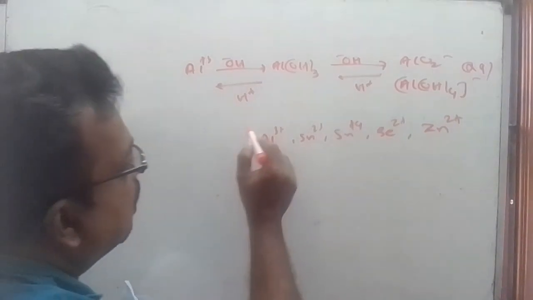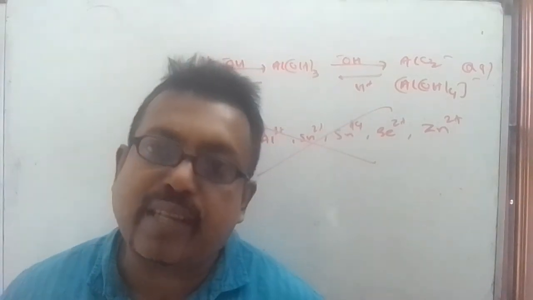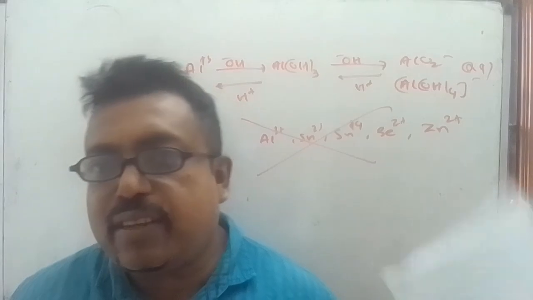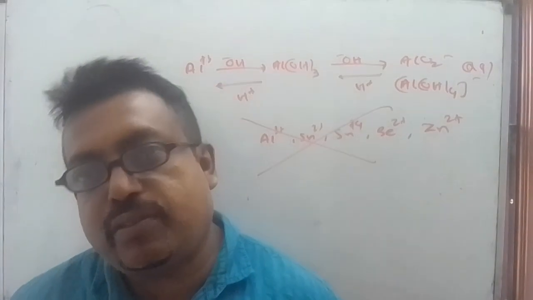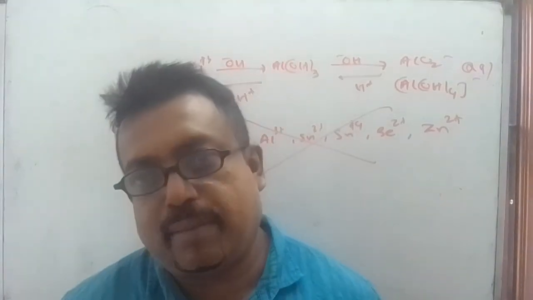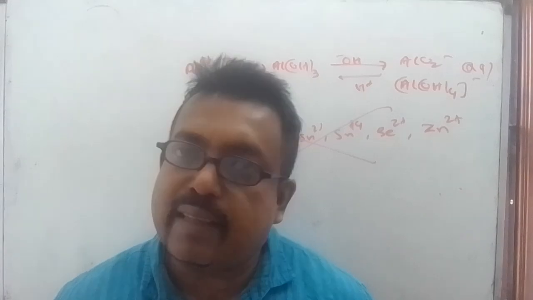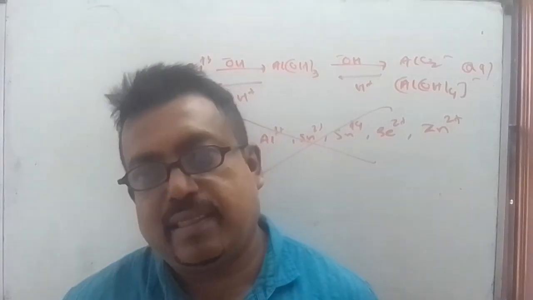You can exclude these cations. Why? Because the question says the white hydroxide dissolves in ammonia also. So these hydroxides can't dissolve in ammonia. So the answer is zinc. The compound is zinc sulfide.